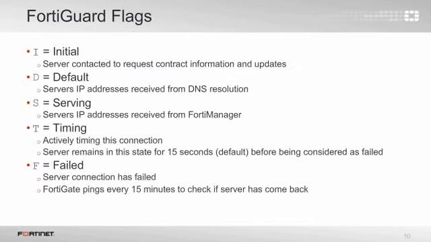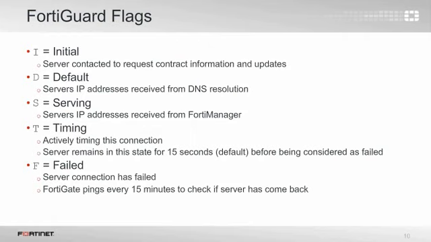The output of the command diagnose debug rating shows flags beside some of the servers. I is the server initially contacted to validate the license and get the server list. Usually there is only one server with this flag. D is the IP address FortiGate got when resolving the name service.fortiguard.net.